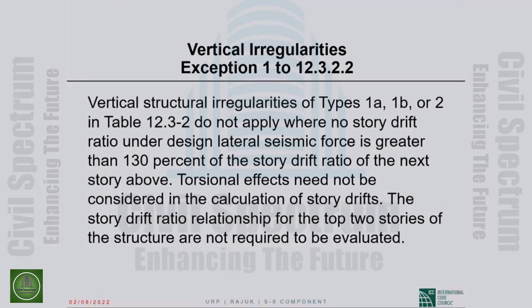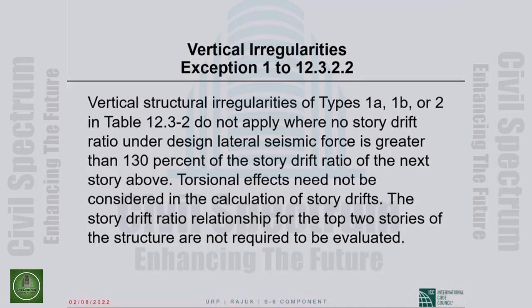Vertical structural irregularities, not just the one we are discussing, but 1A, 1B, or 2, all three: torsional, extreme torsional, and mass irregularity.